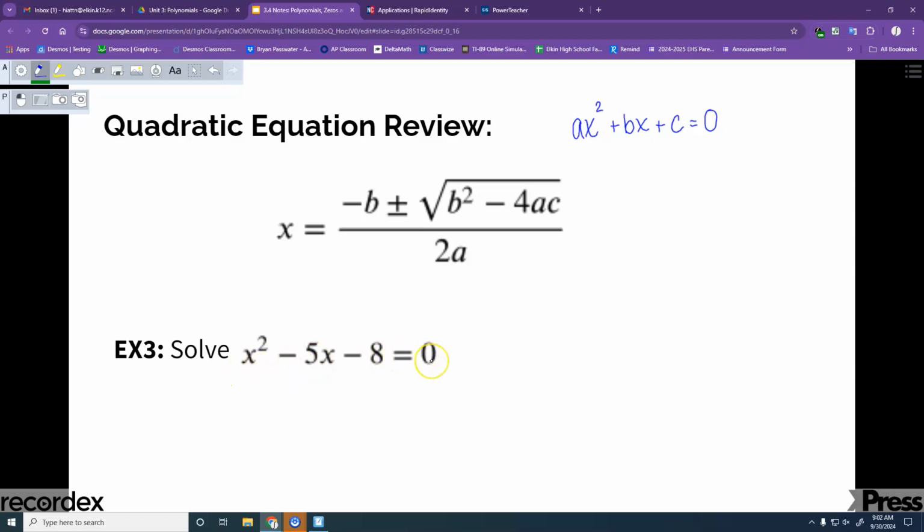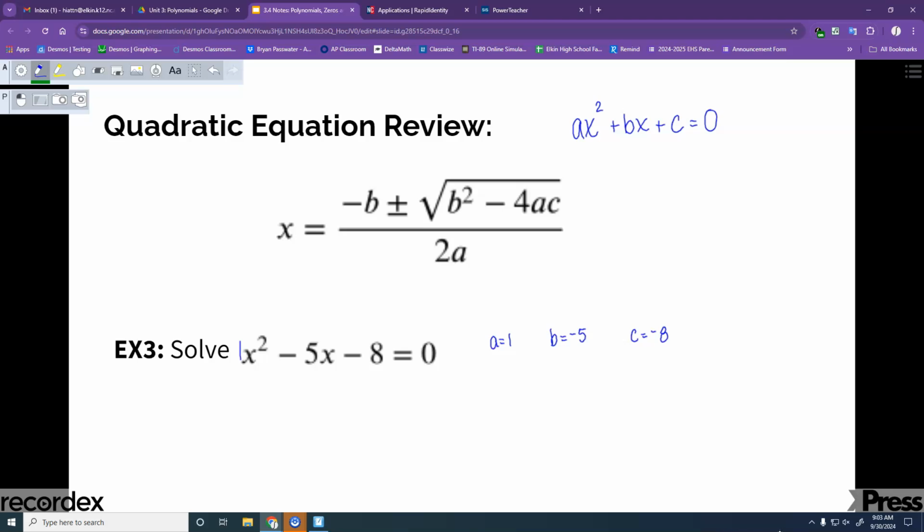It's equal to 0. If it's not equal to 0, you're going to have to move some stuff around. I don't have a number in front of my x squared, but what number is there? It is a 1. So for this, a is going to equal 1, b is going to equal -5, and c is going to equal -8.